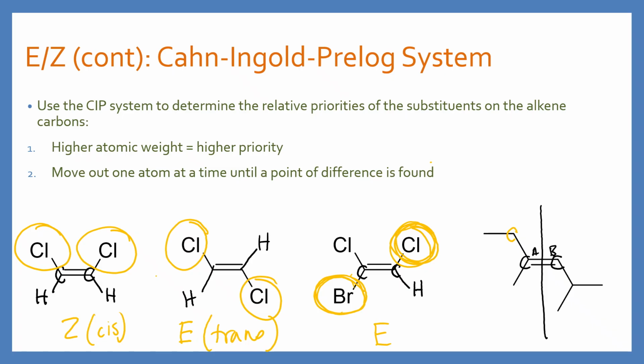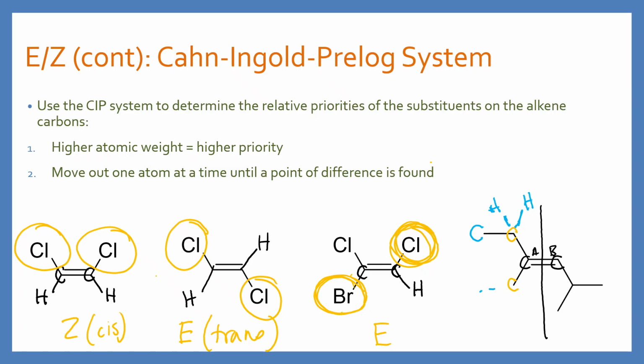Carbon A is attached to a carbon atom and a carbon atom. Even though it's very clear to us that ethyl is ultimately going to end up being larger than methyl, we don't want to make that assumption, and I'll show you an example on the next page that proves why. So at this point, we are comparing 2 carbon atoms, and we do not make a decision at this point. We go to the next level. So what are we comparing at the next level? This top carbon is bonded to a hydrogen and another carbon atom.